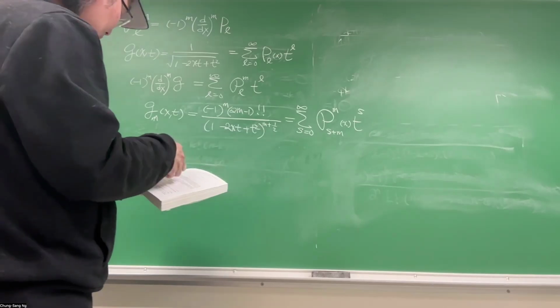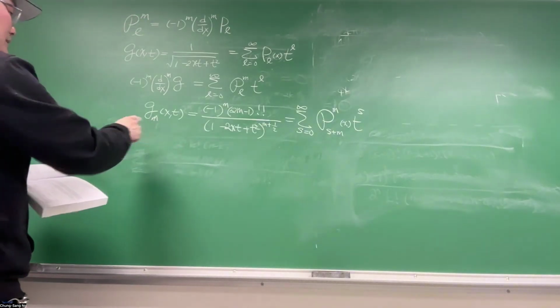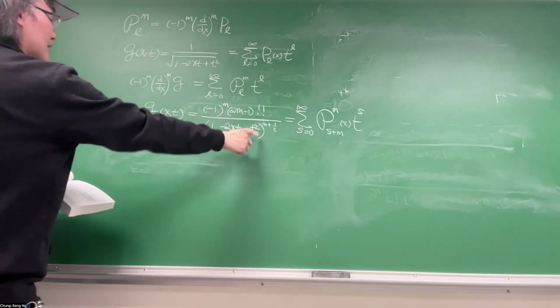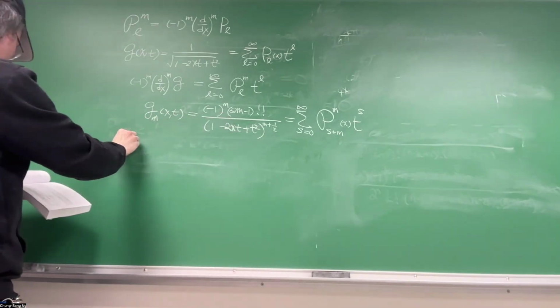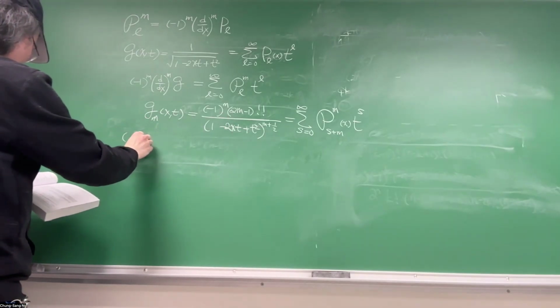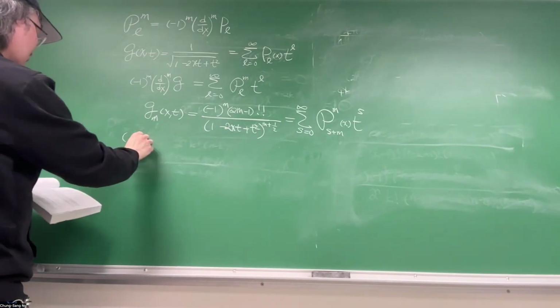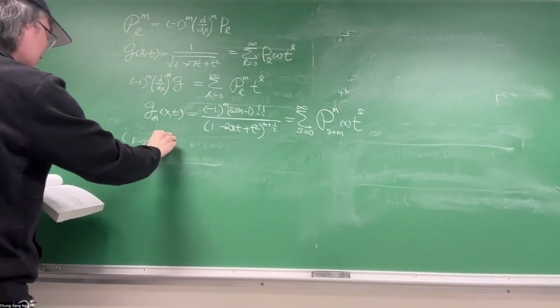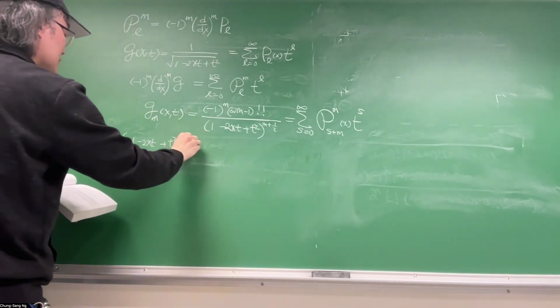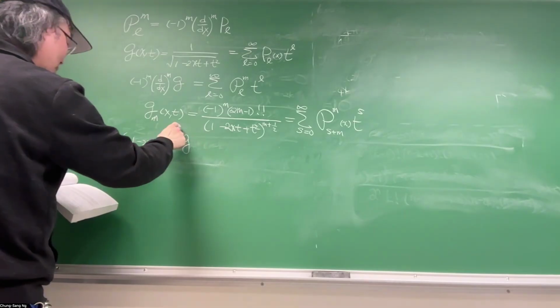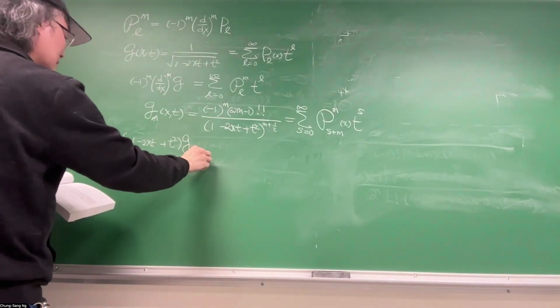In this case, the trick is to multiply by the same factor, so multiply by 1. This is equation 15.85. If you multiply this factor, you can see m, but you multiply by g sub m plus 1, right?